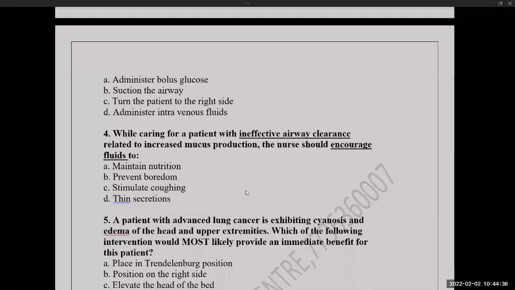Asthma, pneumonia, cystic fibrosis, pulmonary edema. For all these diseases, you can create the priority nursing diagnosis as ineffective airway clearance. Cystic fibrosis, asthma, pneumonia, pulmonary edema, and COPD.